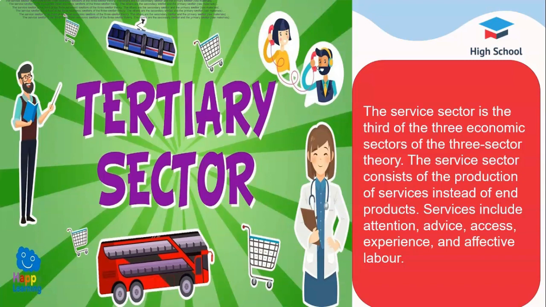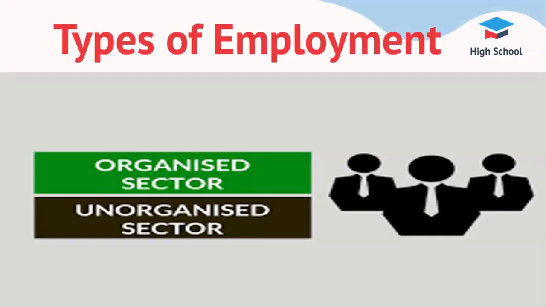The service sector consists of the production of services instead of end products. Services include attention, advice, access, experience, and attractive labor. The structure of employment. The structure of employment denotes the number of workers engaged in different sectors of the economy.